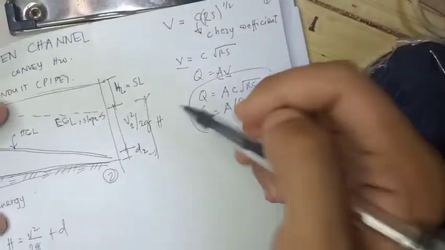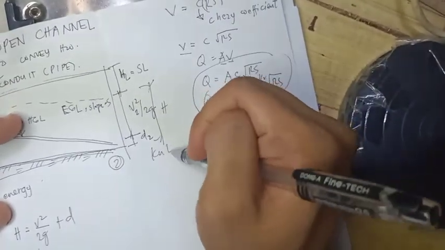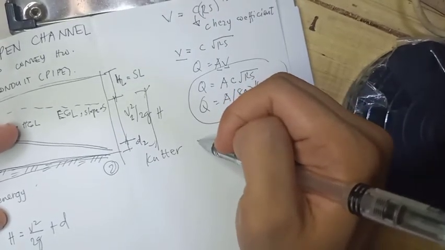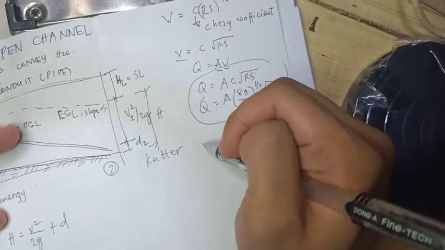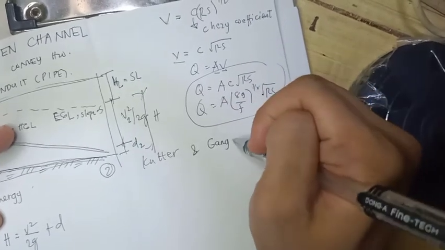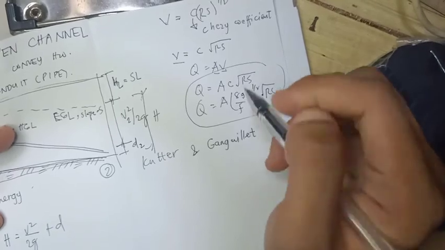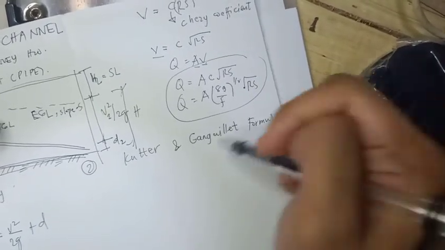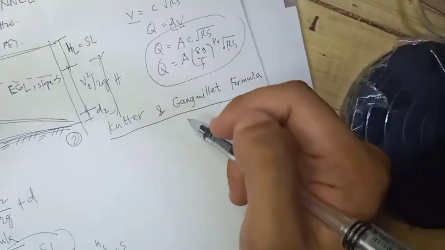Now another formula to be introduced is the Kutter and Ganguillet formula.